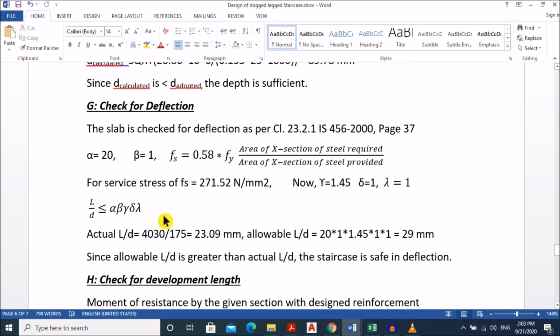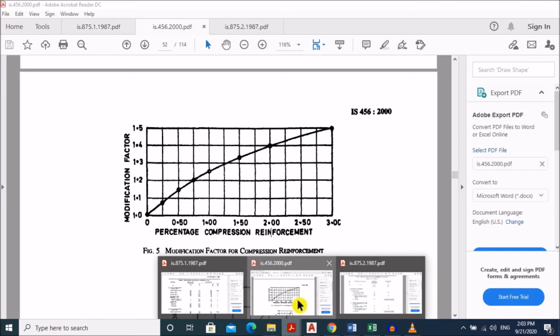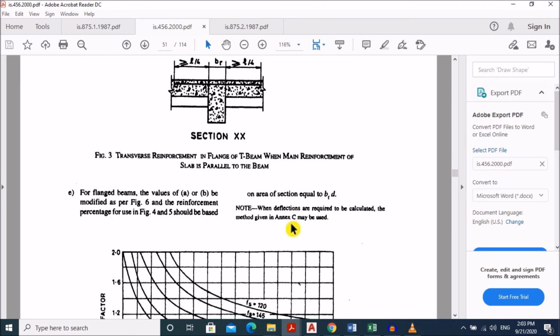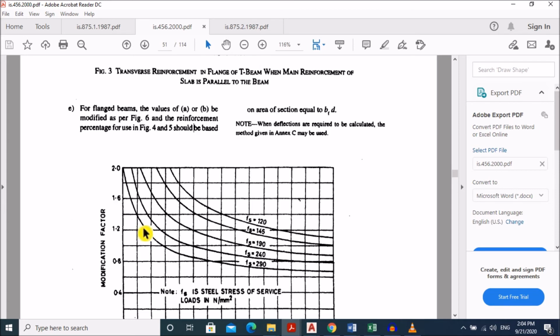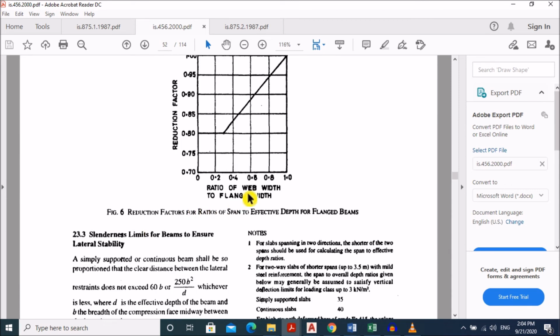Okay, the last one is lambda. For flanged beam, the value of A or B may be modified as per figure 6 and reinforcement percentage as per 4.5. For this case, we have to use this formula, ratio of the web width to flange width.